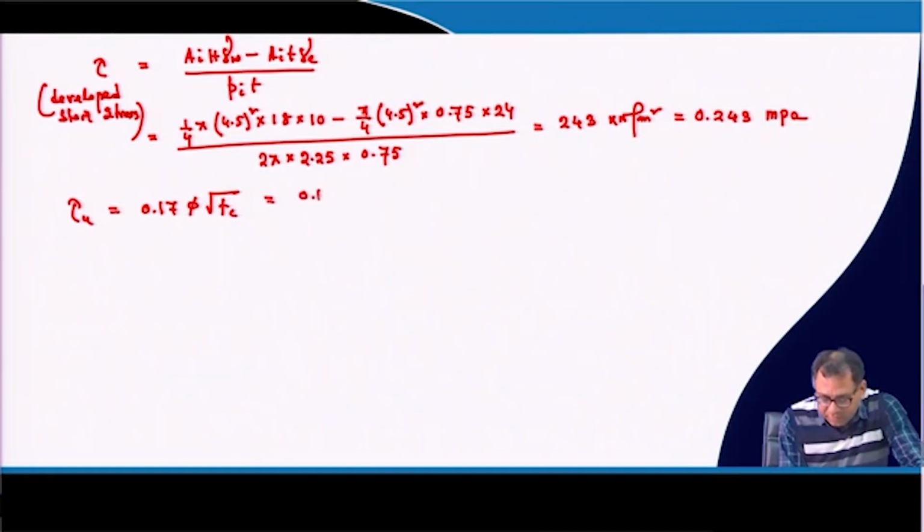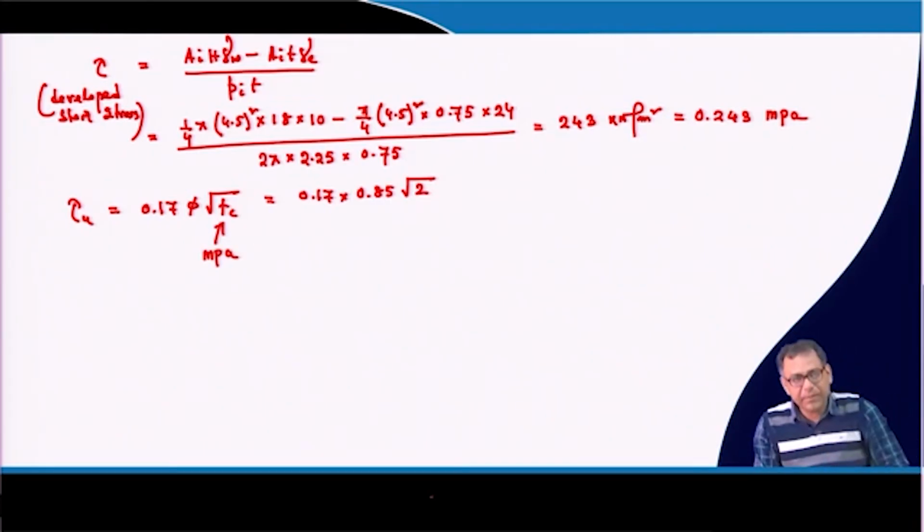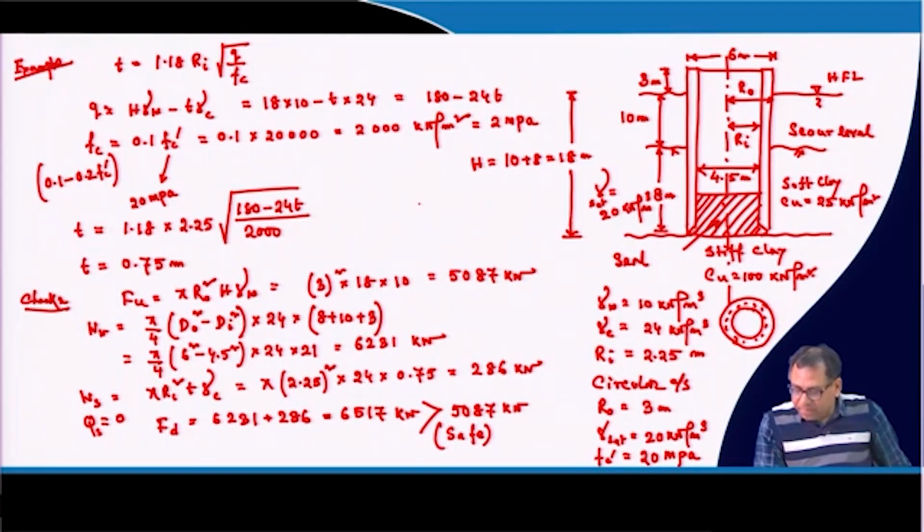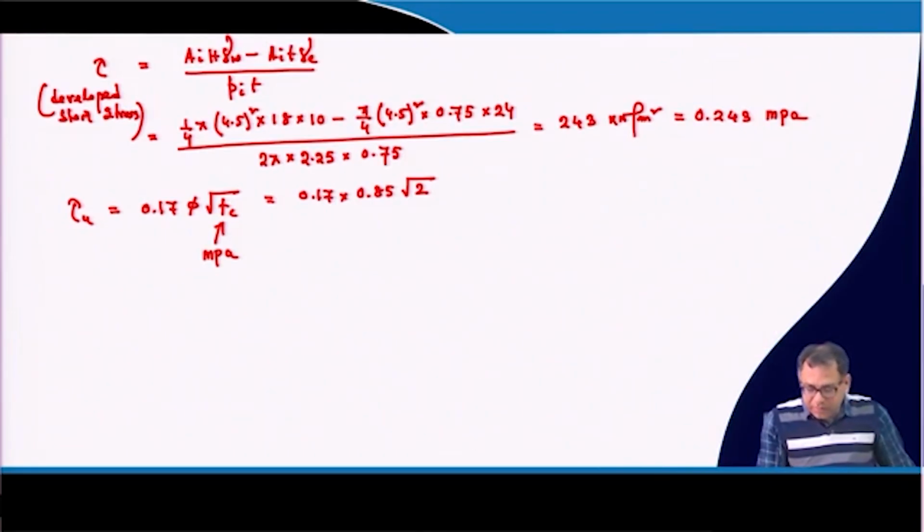So, this is 0.17, phi is 0.85 and fc is in MPa, because the fc value is 2 MPa. So, we are putting 2 and that is coming out to be 0.204 MPa.